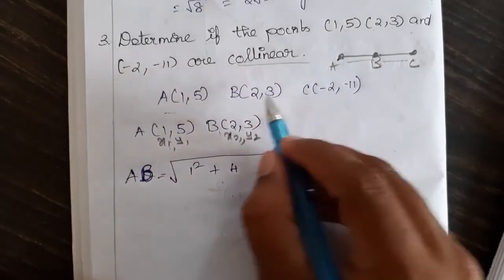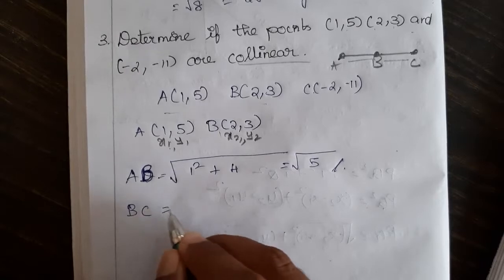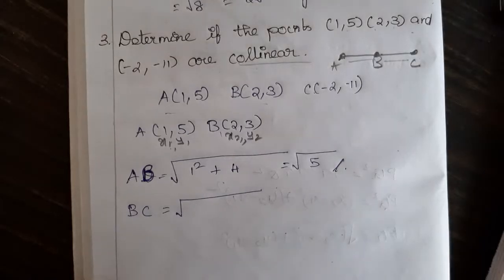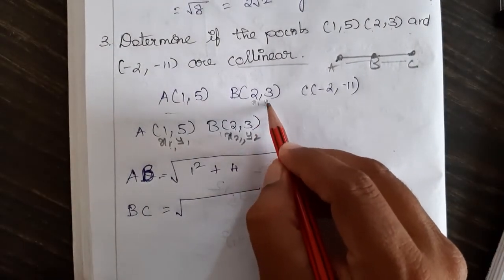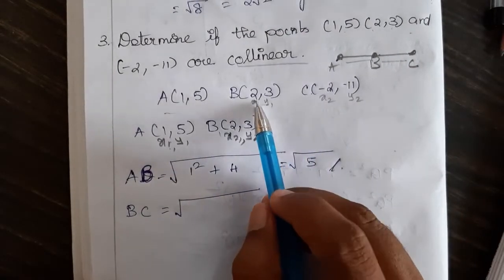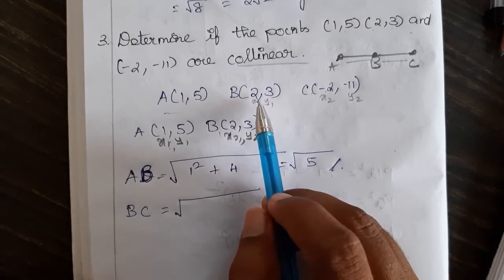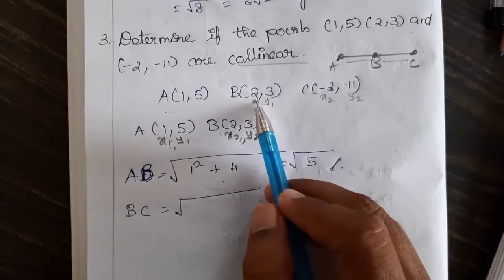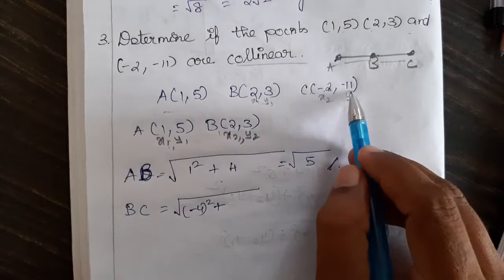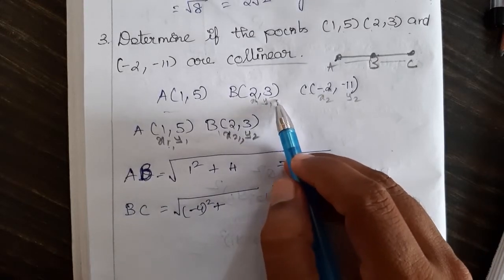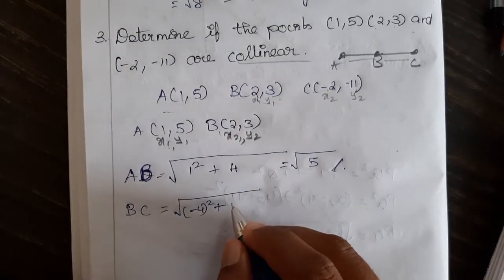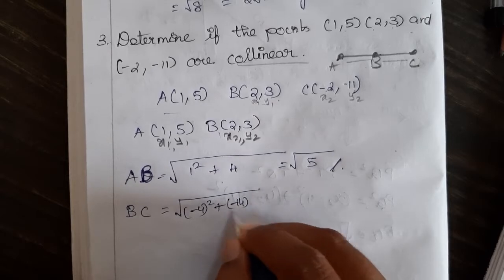Next I will find the distance between B and C. So BC is equal to, first we will write the coordinates. While taking BC, this one will be x1 and this y1, this will be x2 and this y2, right? x2 minus x1, minus 2 minus 2, is minus 4, the whole square, plus y2 minus y1, minus 11 minus 3, is minus 14, right?